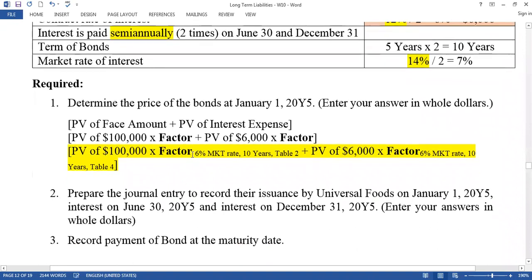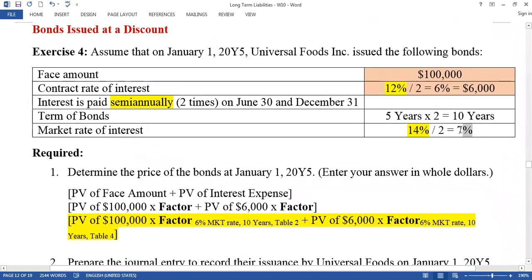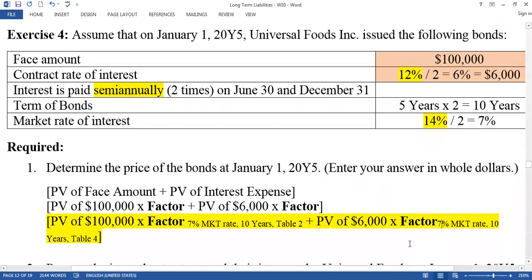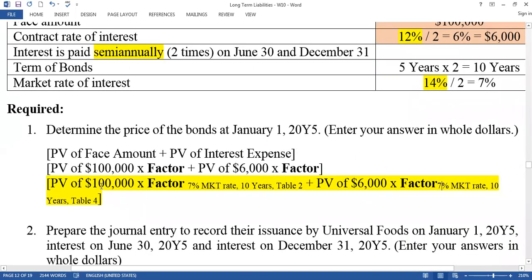So here, according to this question, market interest rate is 7%, right? So we just change here to 7%. This is only one change. So present value of $100,000 times factor. And to calculate the factor, which rate do we need? Don't forget this. This is very, very important.